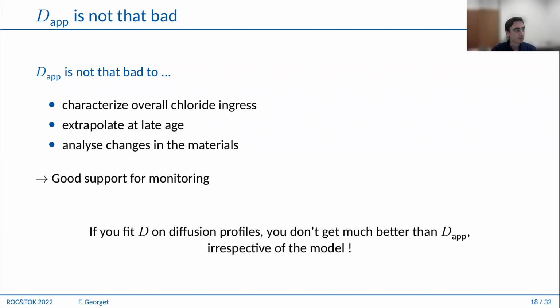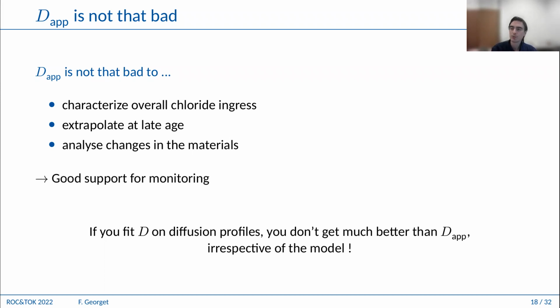And I would like to emphasize more that this equivalent diffusivity is intrinsic to the diffusion process. And chloride ingress is a diffusion process. So it will always be possible to find an equivalent diffusivity, even if your model is wrong.